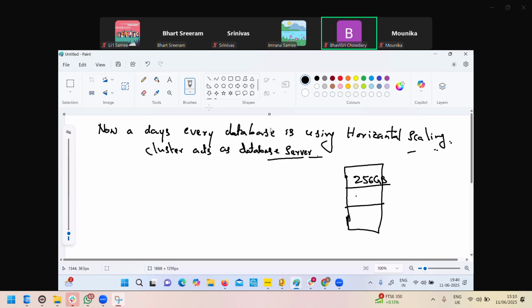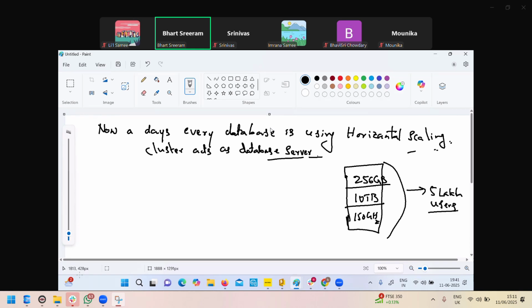There are some special hardwares with 10 TB hard disk storage. And processors already in the market, 150 gigahertz, such high powered things are there, able to deal with 5 lakh users at a time, with up to 10 TB storage.